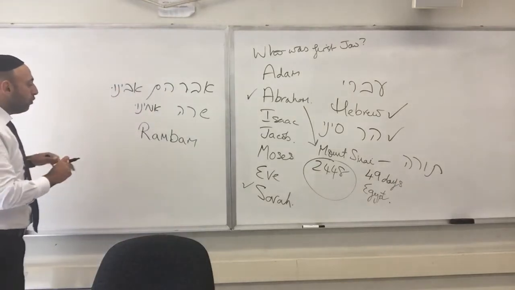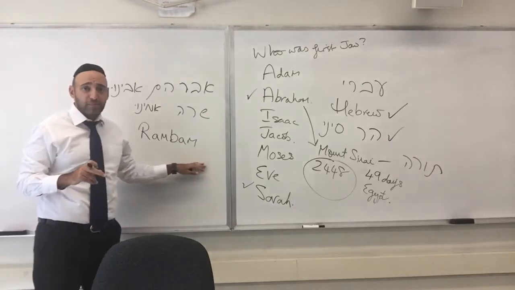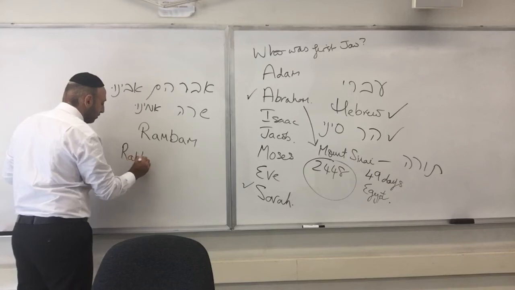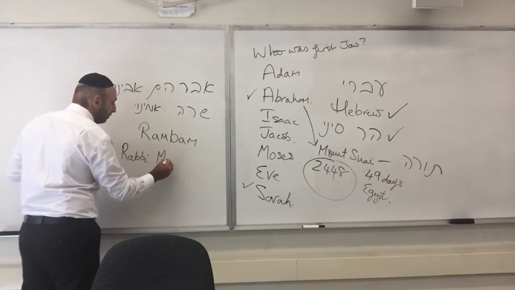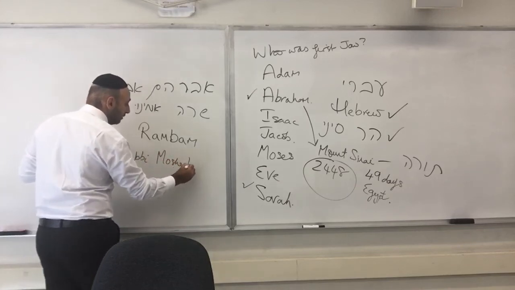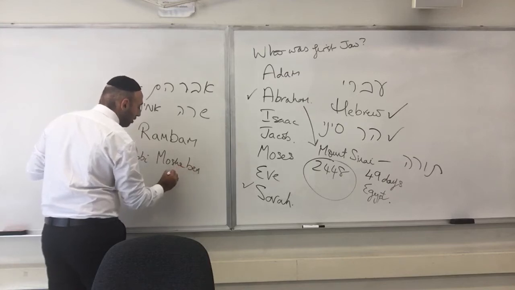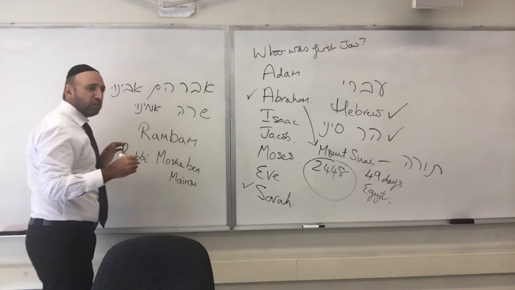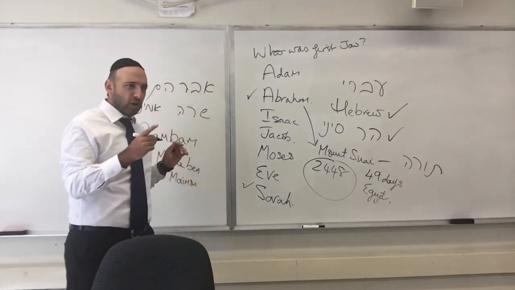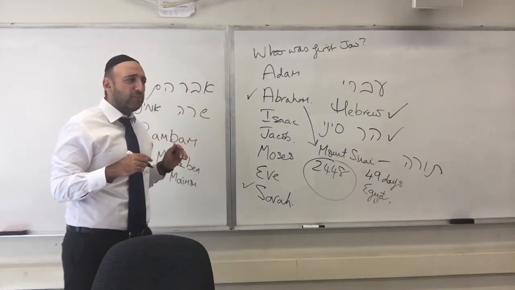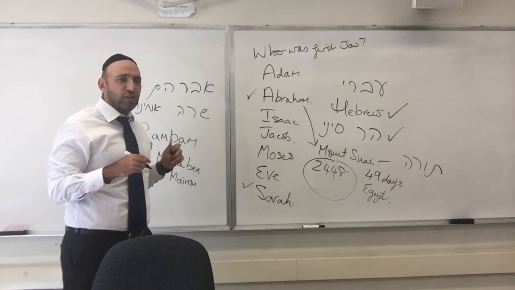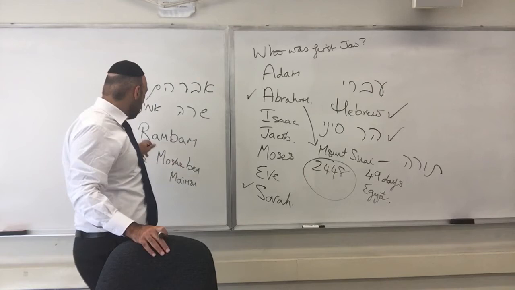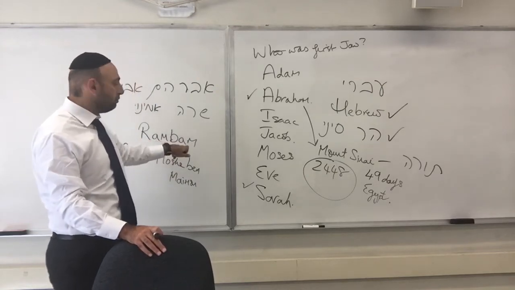Rambam is what we call an acronym, and the full name is Rabbi Moshe ben Maimon. You've heard the name Maimon before? There's a lot of Moroccan Jews with the name Maimon. In Greek, he's referred to as Maimonides. You'll hear the reference, it's referring to the same person. So Rambam is Rabbi Moshe ben Maimon.